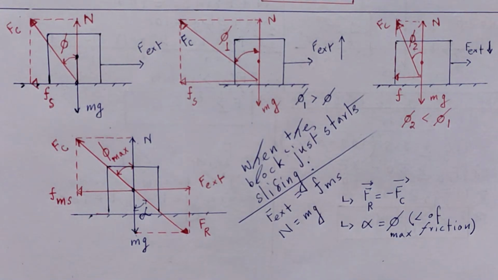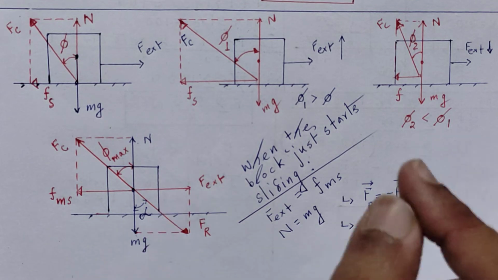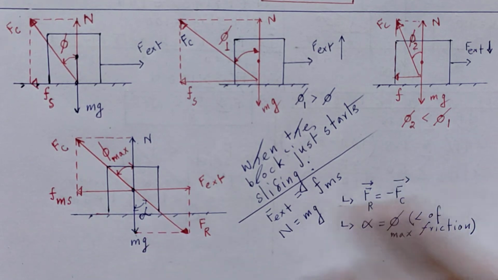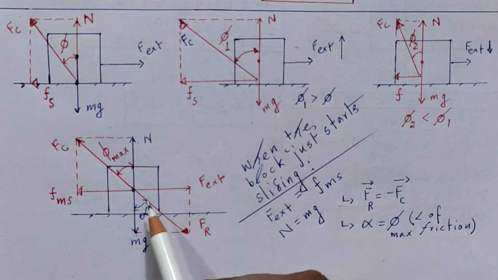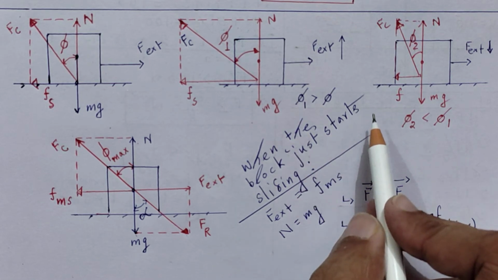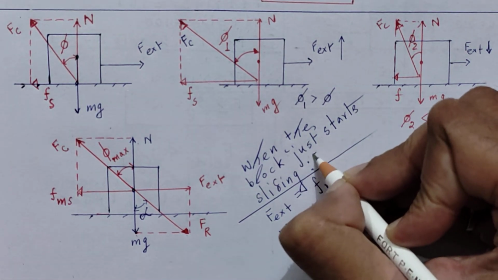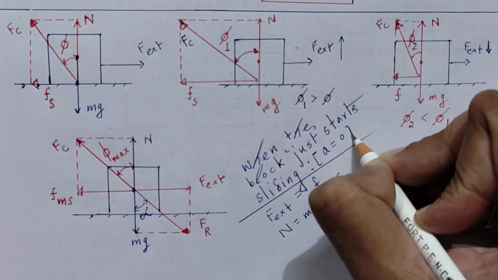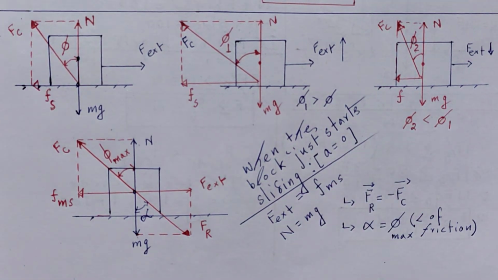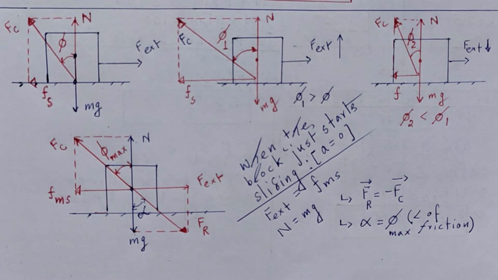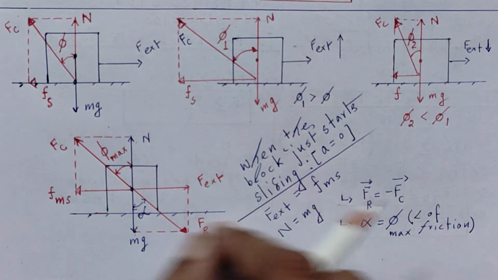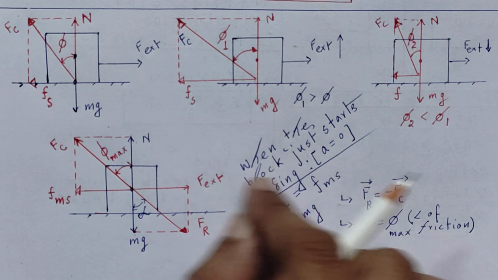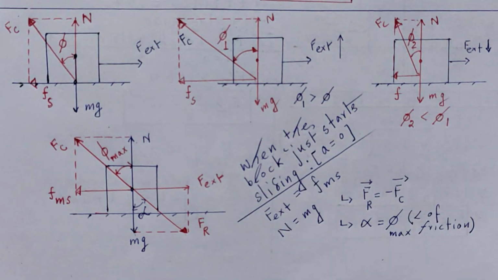So if I want to know under what condition the block will start sliding, now please understand this. The block just starts sliding, what is the implication? It starts moving with zero acceleration, so its motion is with uniform velocity. Now if you increase the force, the block will start moving with a greater acceleration.